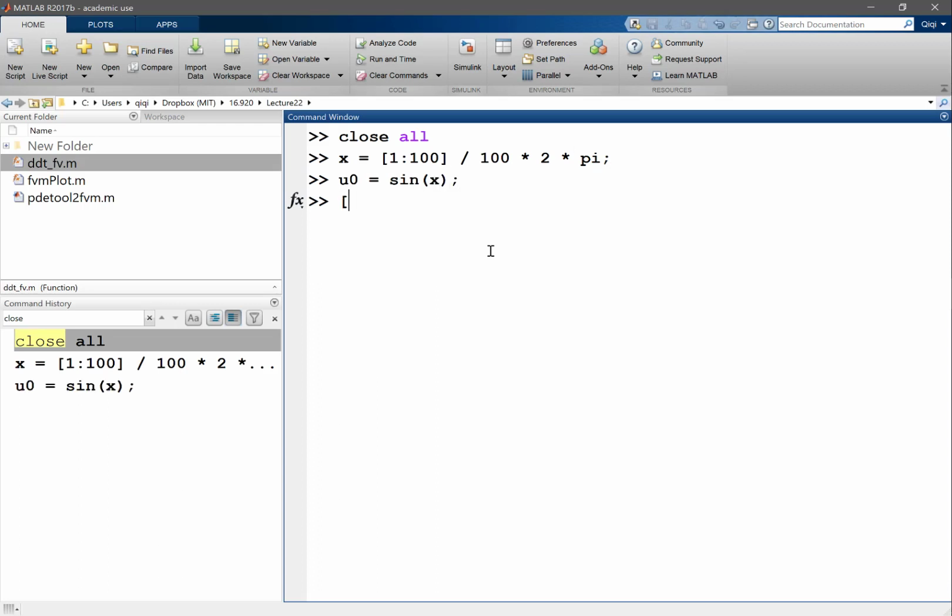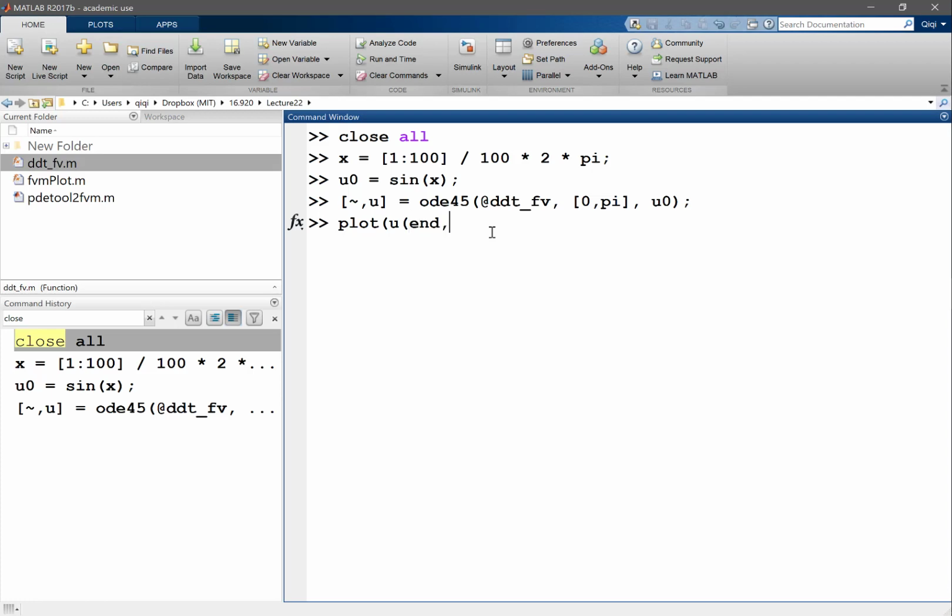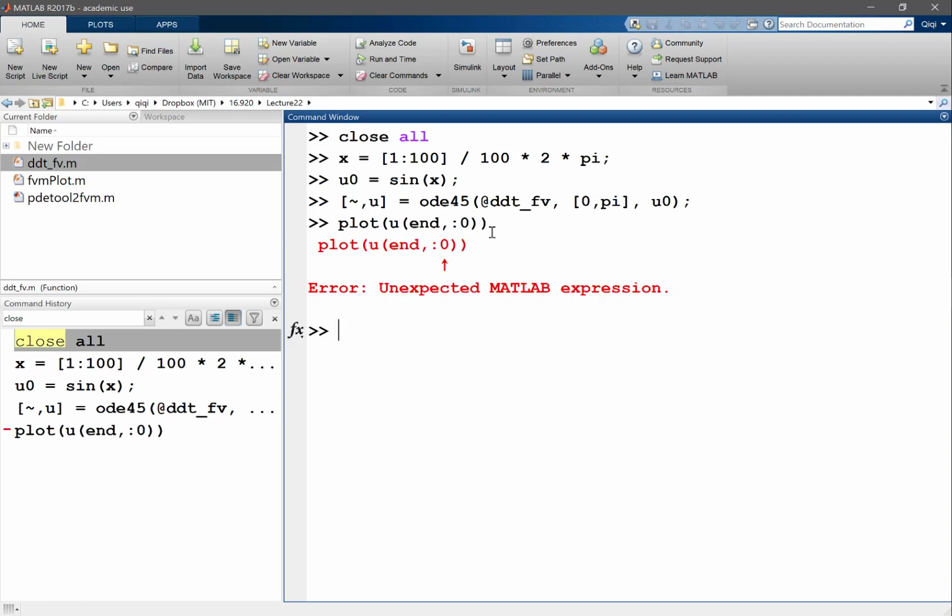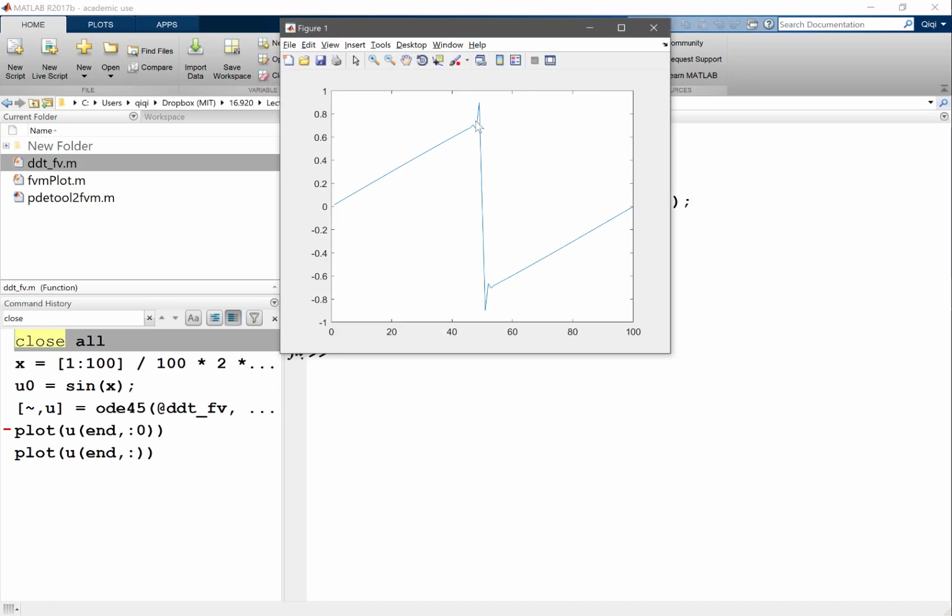In the last lecture, we used ODE45 to integrate this DDT finite volume for a period of, I think, pi. I use U0 as initial condition, and we plotted the final solution, and we still see oscillations even with the flux limiter on. So why is that the case?